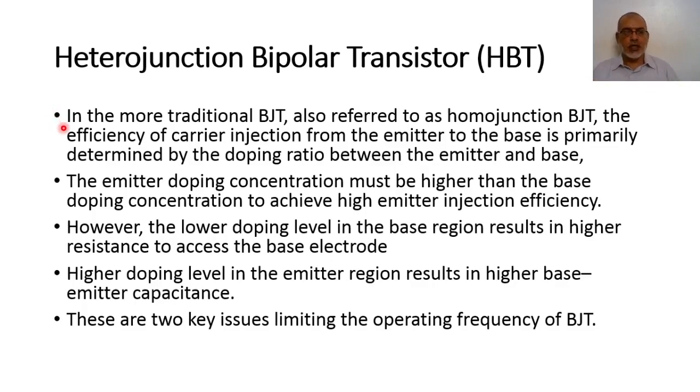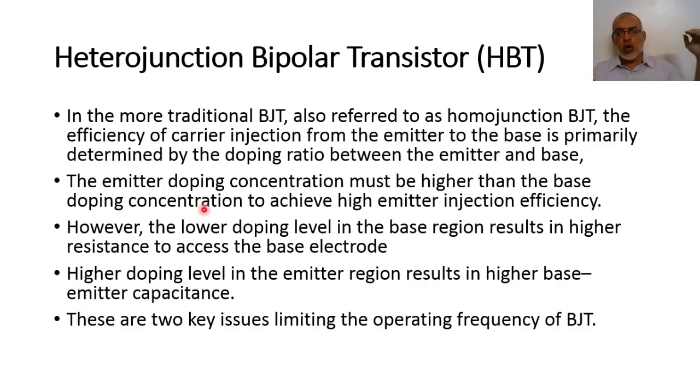Let us say that in a more traditional bipolar junction transistor, also referred to as a homojunction bipolar junction transistor, the efficiency of carrier injection from the emitter to the base is primarily determined by the doping ratio between the emitter and the base. The emitter doping concentration must be higher than the base doping concentration to achieve higher current injection efficiency.